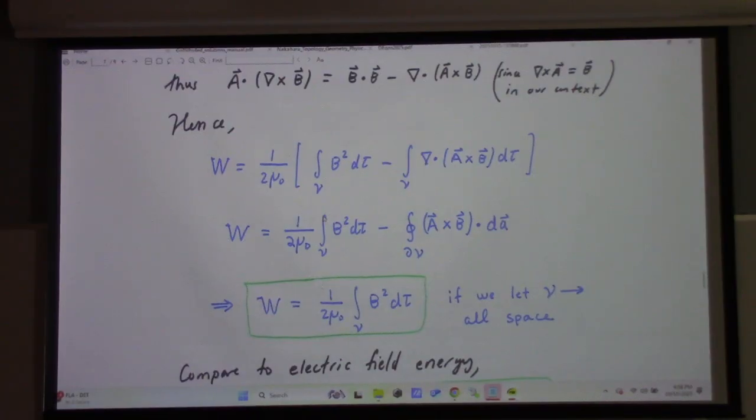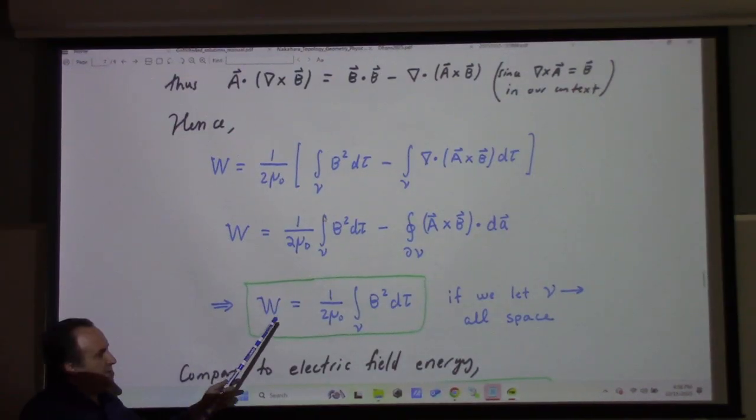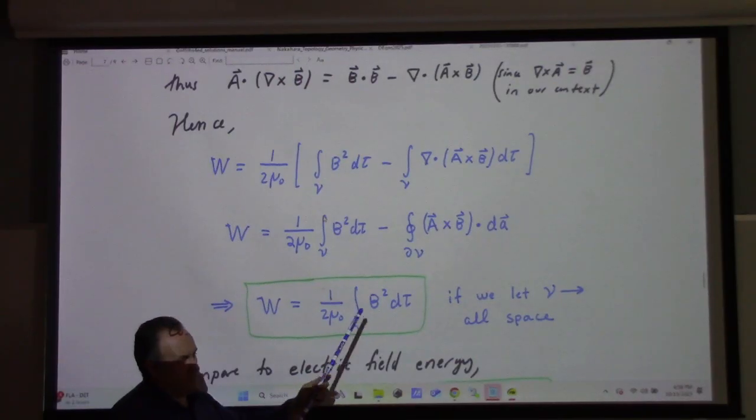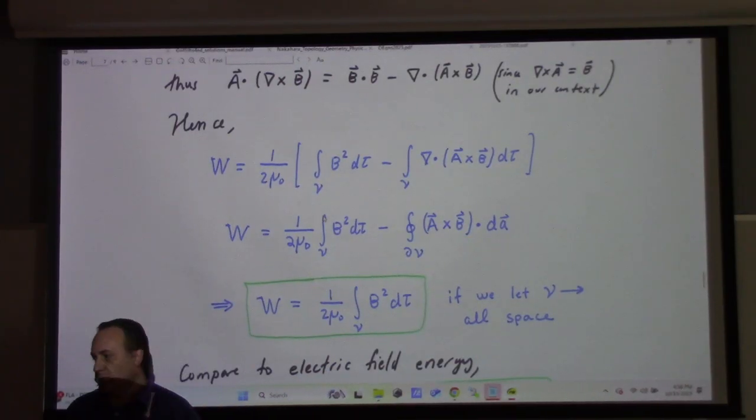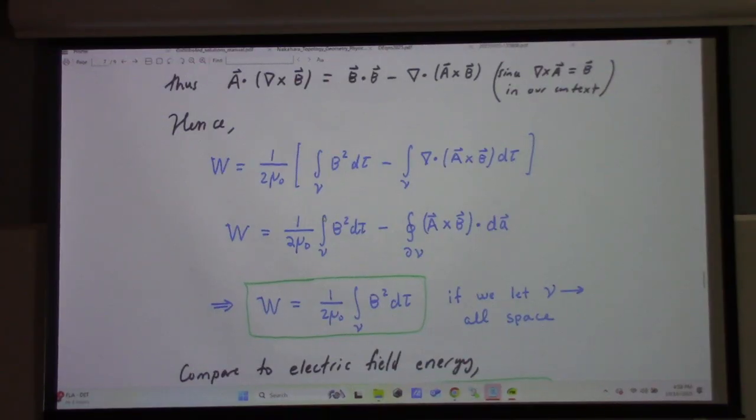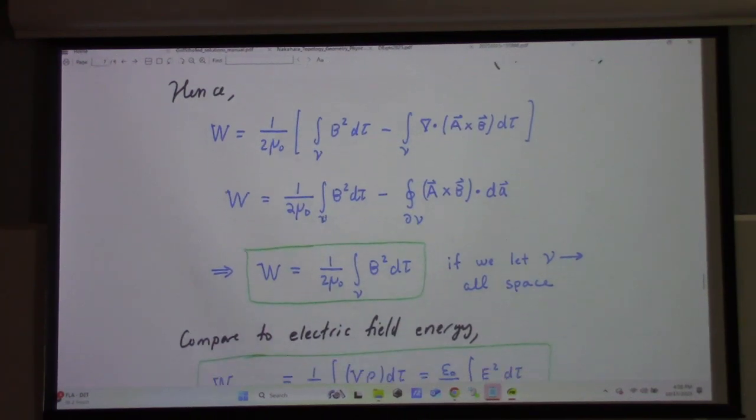This gives us the formula for magnetic energy. We just have 1 over 2 mu naught times the integral of B squared over the volume. So that means the energy density per volume is just B squared over 2 mu naught. That would be the magnetic energy density.